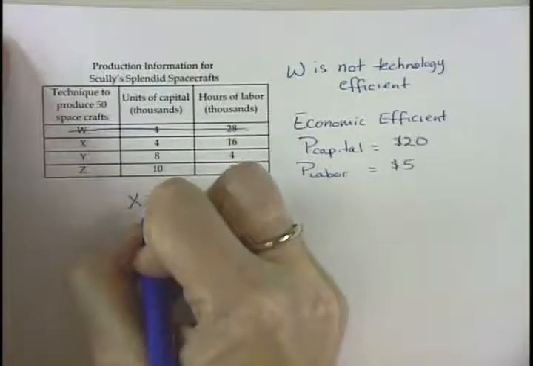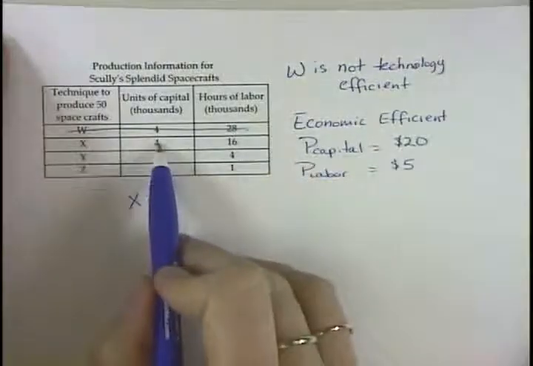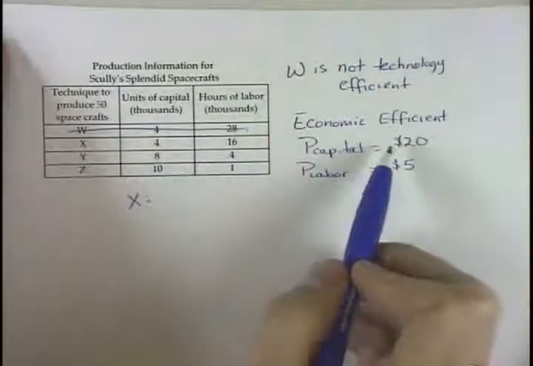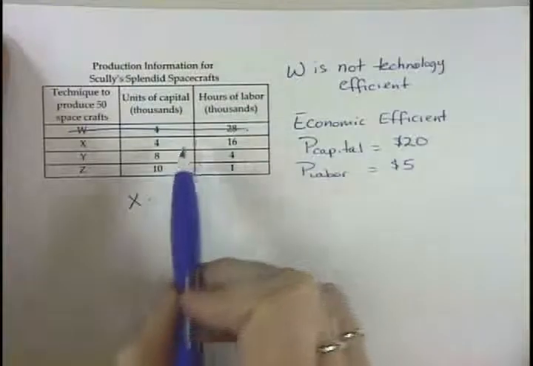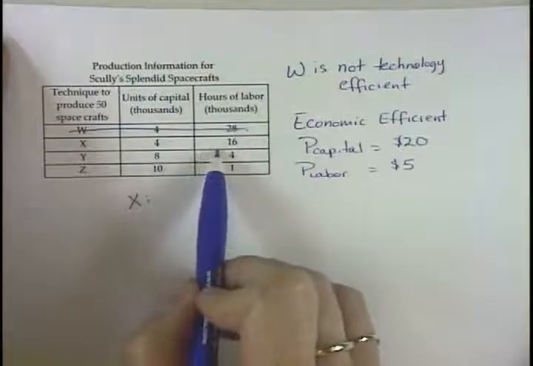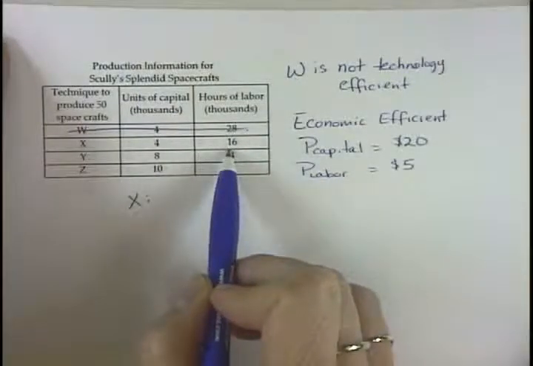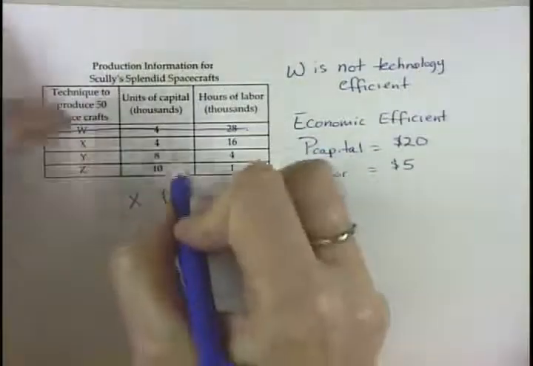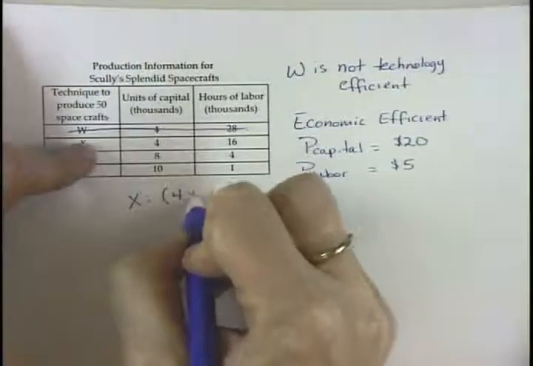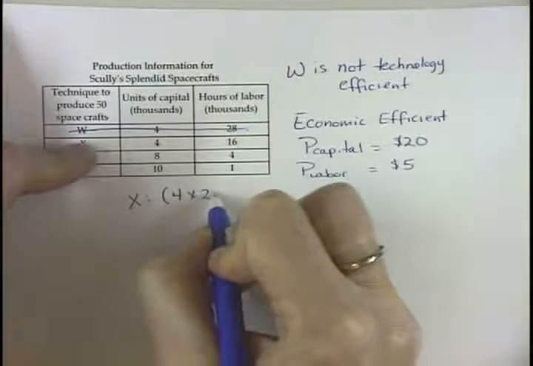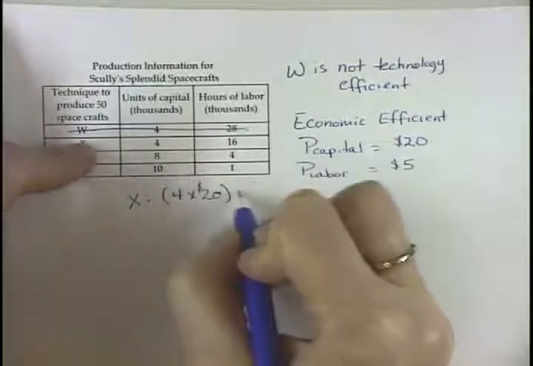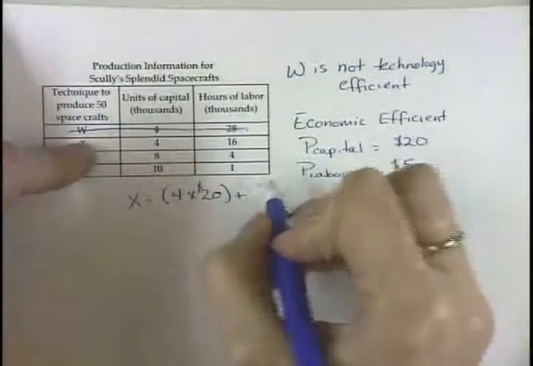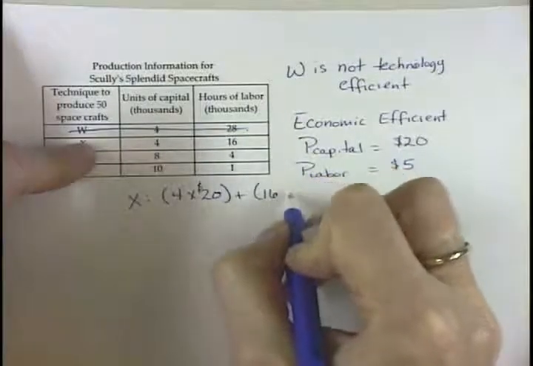For X, we're going to take the number of units of capital and multiply it by the price of capital, then take the price of labor and multiply it by how many units we need. We have 4 units of capital. Each unit of capital costs us $20. Then we add to that the cost of labor. We need 16 units of labor.